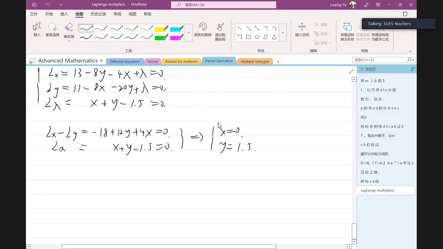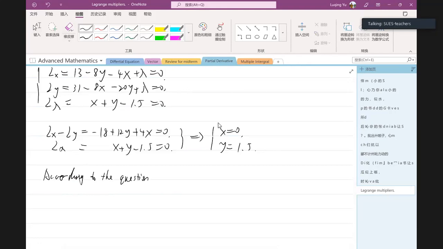Then you have to add an answer here. This sentence is not fixed, but you have to let me know that when you think this is a constrained local maximum or minimum, you say this is because it is an application question.